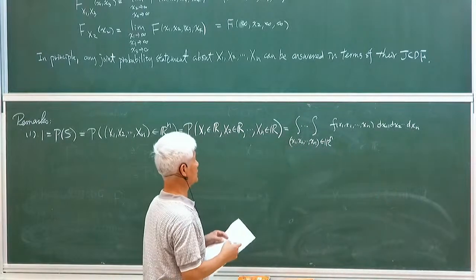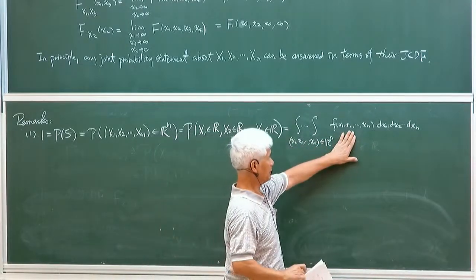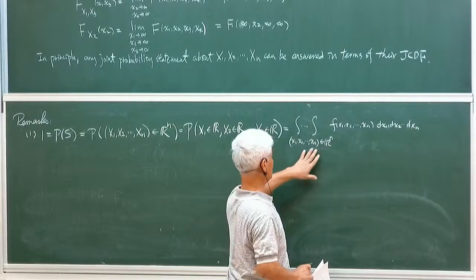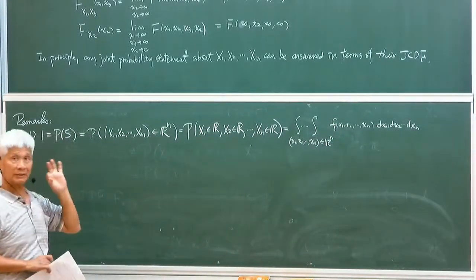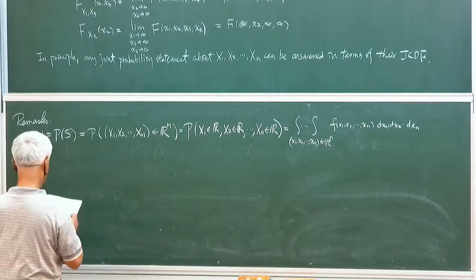So the n-fold integration of the joint probability density function over R^n should be equal to 1. Okay? So this is a necessary condition we can have.